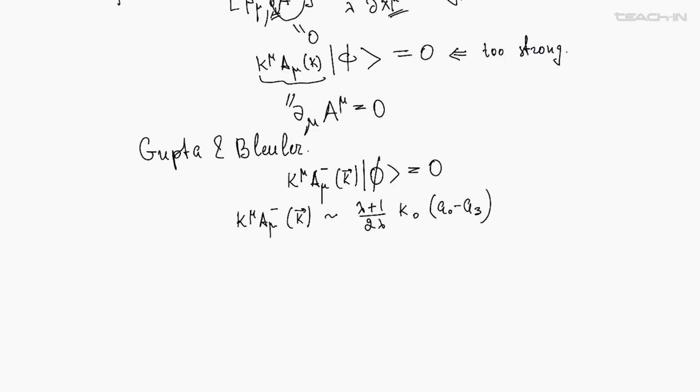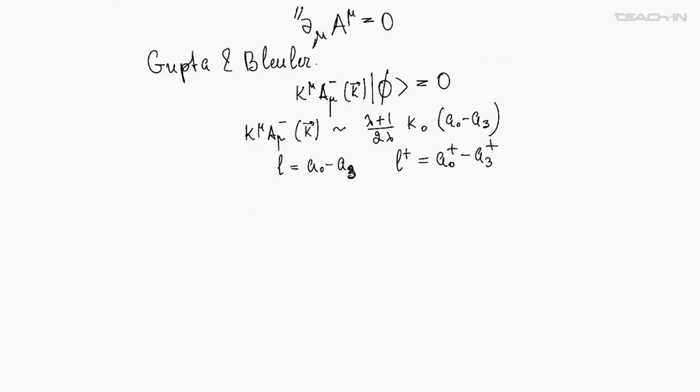Operator L, which contains this combination of A0 and A3, the difference between the annihilation operators of time-like and longitudinal photons, and L dagger, which is A0 dagger minus A3 dagger. And since this is the condition you impose on phi, the condition you impose on phi is actually L of k acting on phi is equal to 0.